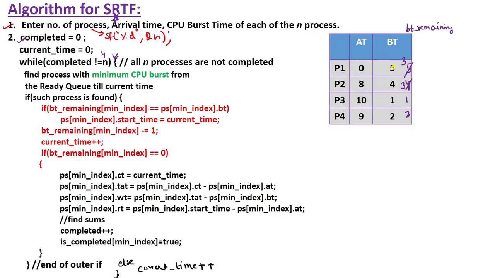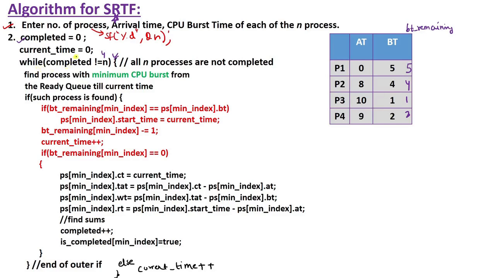We will not be changing this BT. This BT and BT_remaining will be checked somehow in the code, and we will be using both of the arrays. Here you can see we are using BT_remaining also, and ps[min_index].bt. We are using this array also and this array also. So let's proceed with the code.